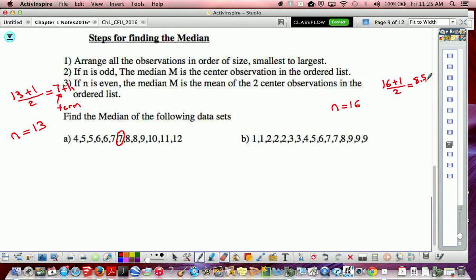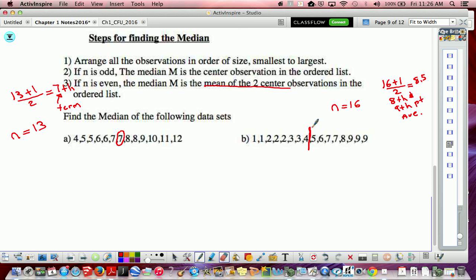That's where it's talking about the mean of the two center observations. So what you do is you take the 8th and 9th point and average them. So in this case, I go 1, 2, 3, 4, 5, 6, 7, 8. So my median is right in between here.